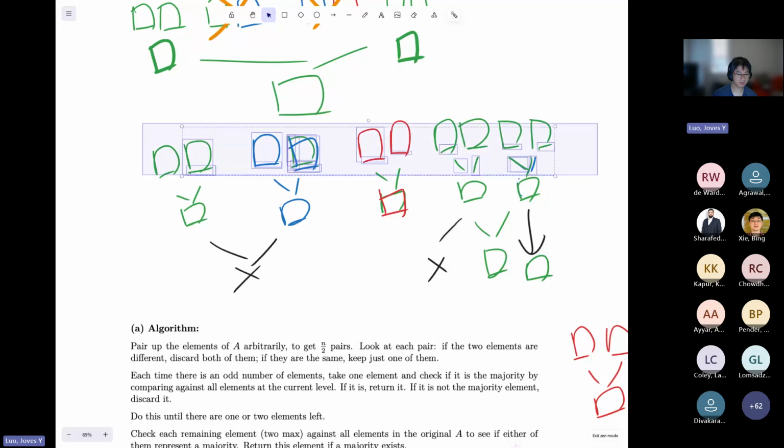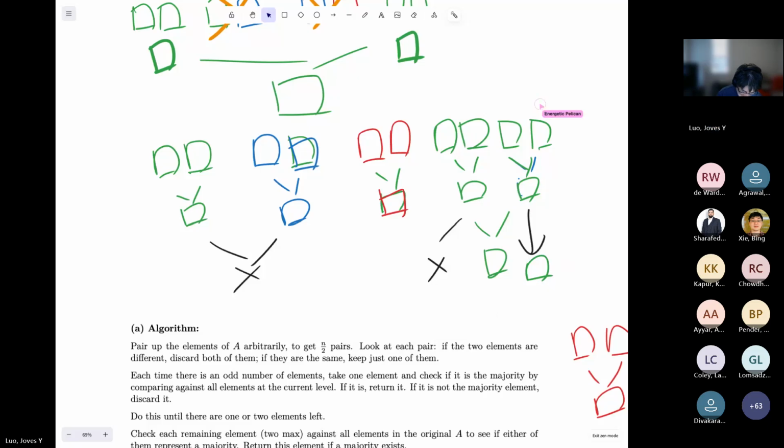So at this current level, we are making our eliminations, and then we end up with an odd number, and then we take one and check against this current level. I don't know which one you're referring to as the current level, the top one or the bottom one? Okay. I got you.